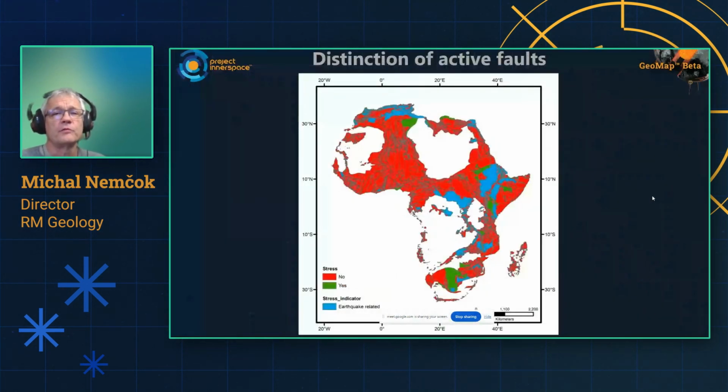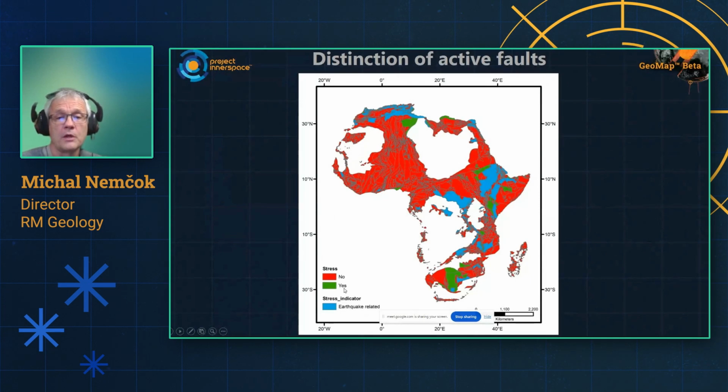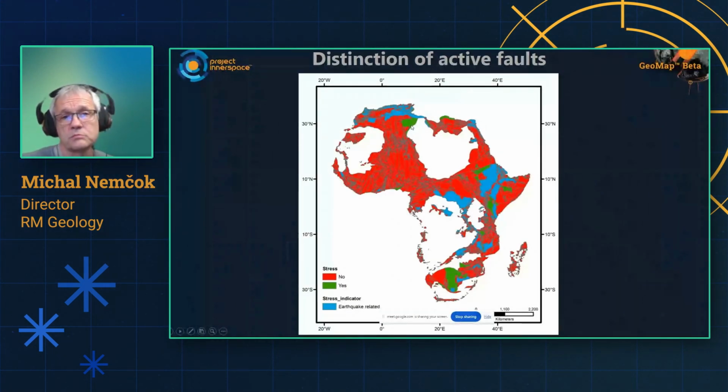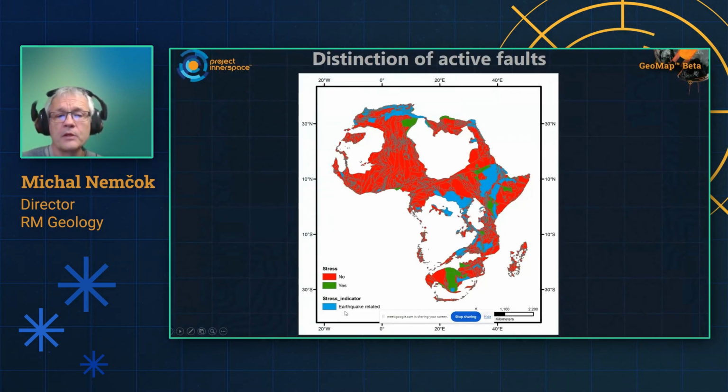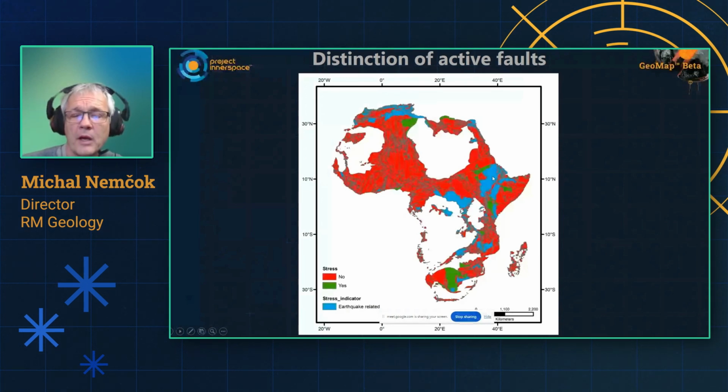And we also try to separate, if we do have an in situ stress datum per block, all other in situ stress data that don't necessarily tell us whether any of its faults is active. We want to separate earthquake-related in situ stress data and highlight those blocks which have at least one of their boundaries formed by an active fault in light blue.